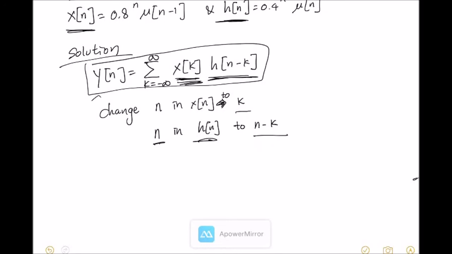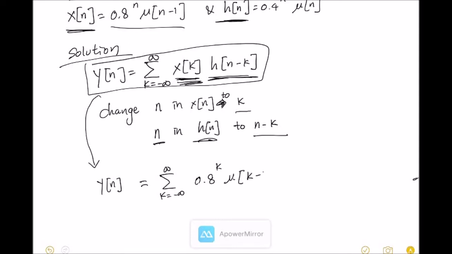Okay, so now yn equal to summation k from minus infinity to infinity xk. So now xk, what is the value? 0.8, right? Based on the question. So 0.8, the n changed to the k, right? u k minus 1, and then multiply with the hash n minus k.